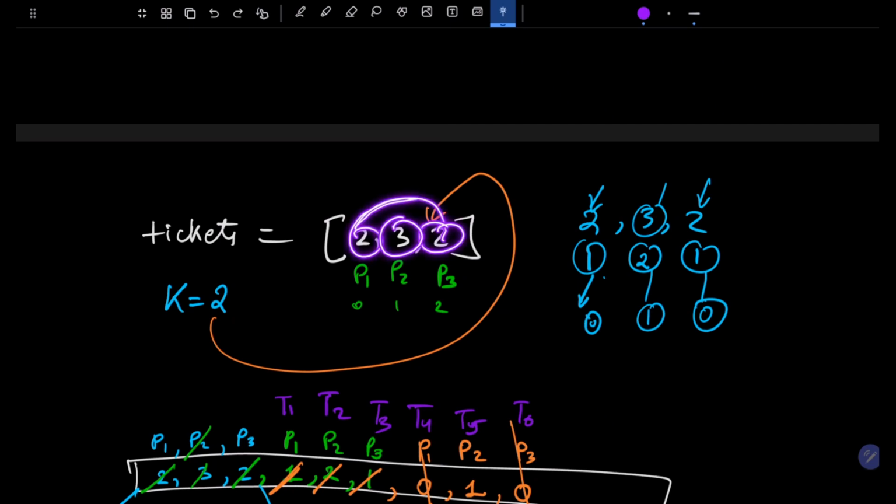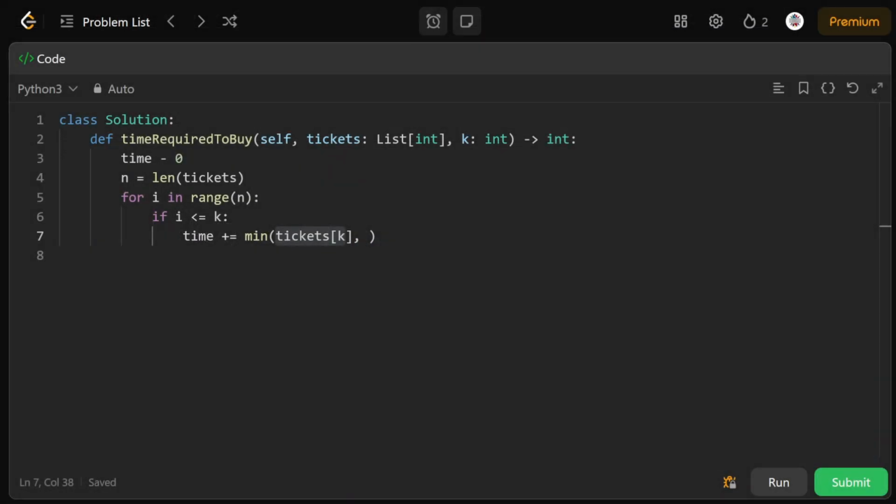This is 3, but he can buy 2, so I'll take the minimum of them. Similarly, I'll follow the order for the next case. The minimum of tickets at the ith index and k. So the person can buy the minimum of both of them, and time will get increased by that.